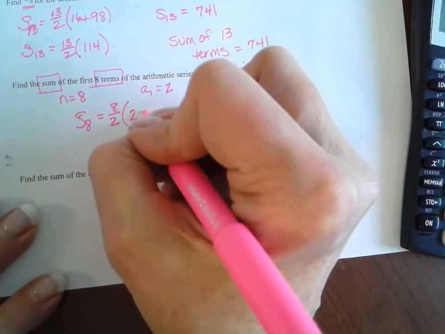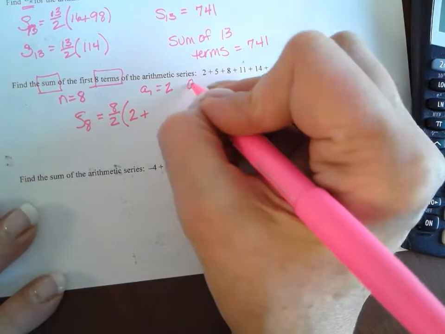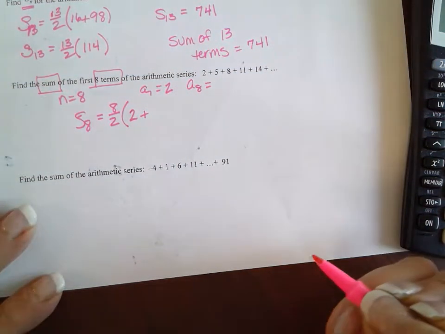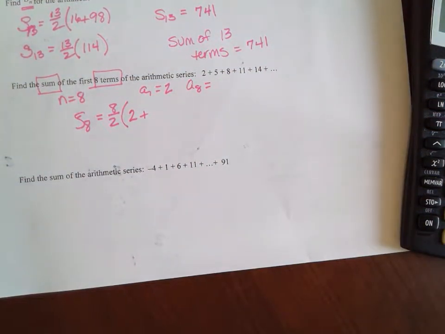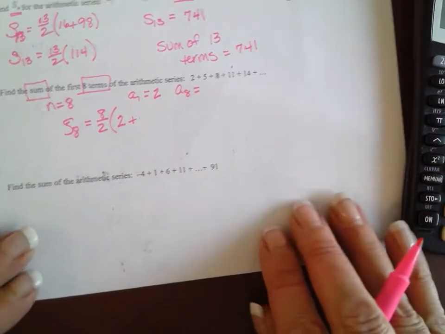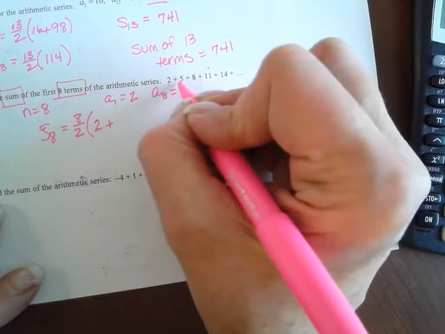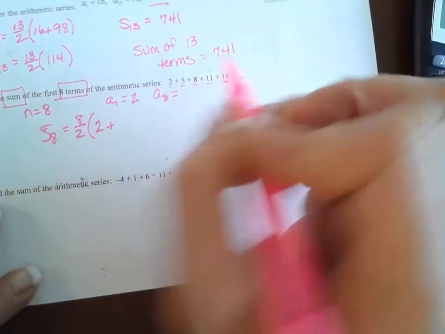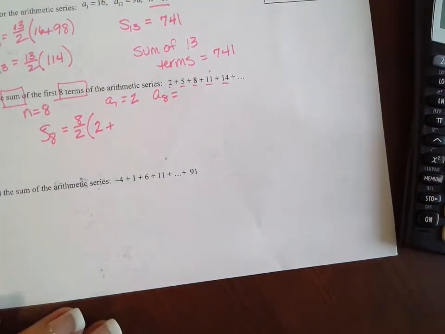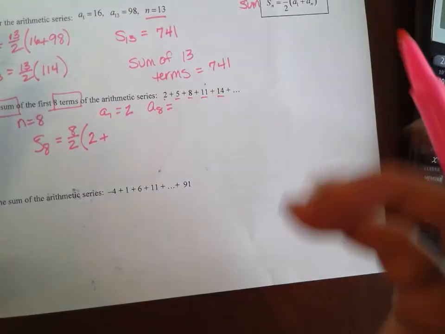And I want to do a sub 8. Do I know what a sub 8 is? I know 1, 2, 3, 4, 5. How can I find a sub 8? Yep, use the other formula, perfect.